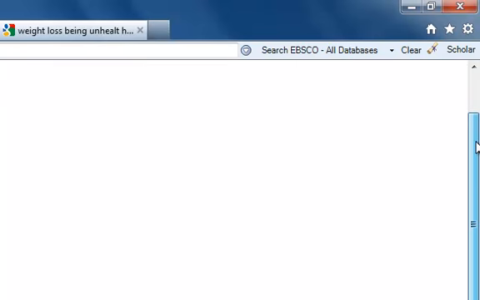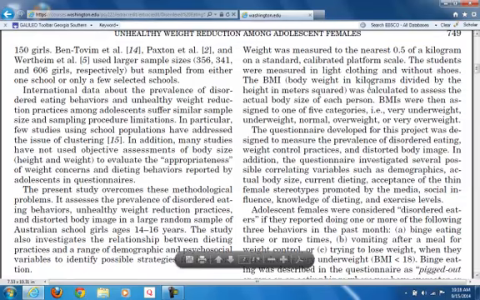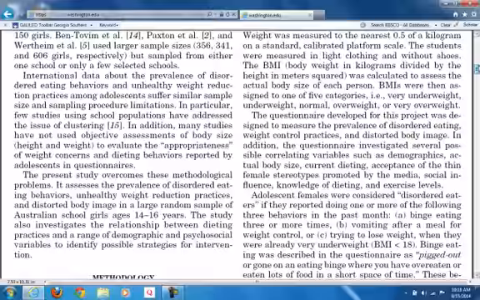Unhealthy weight loss on Tumblr. I don't think that's good. This is one for EDU. It's a PDF. I guess I'll look at it. Unhealthy weight reduction among adolescent females. This looks like it's part of a book.